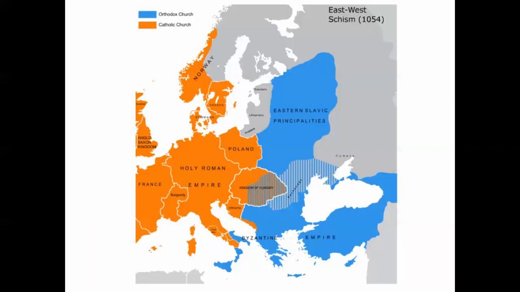The other way that we can see this is that Europe historically has been a Christian region, and in that Christianity there was a divide between the Orthodox churches and the Catholic churches.